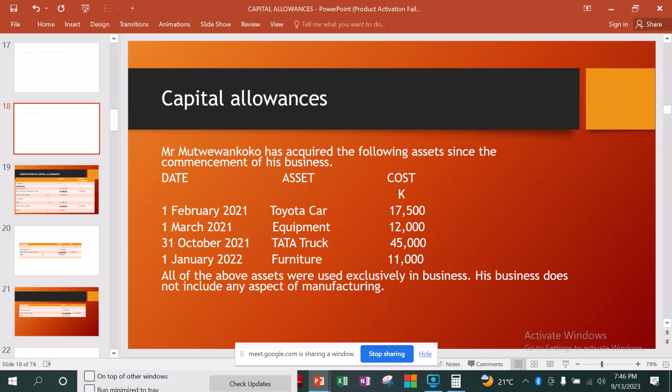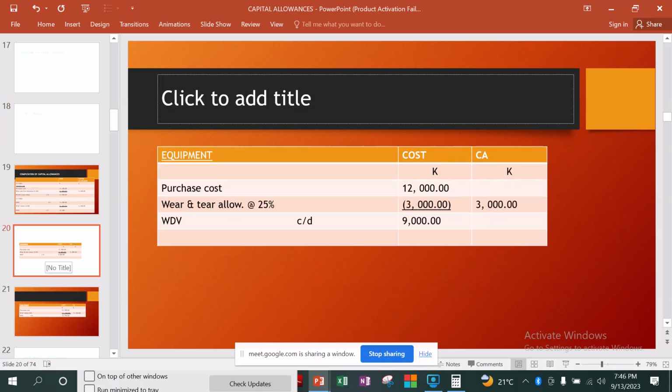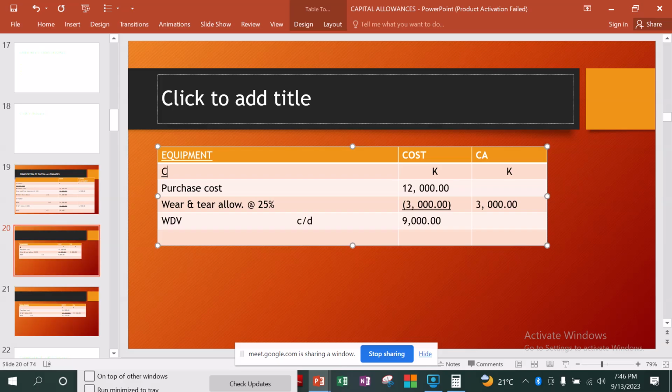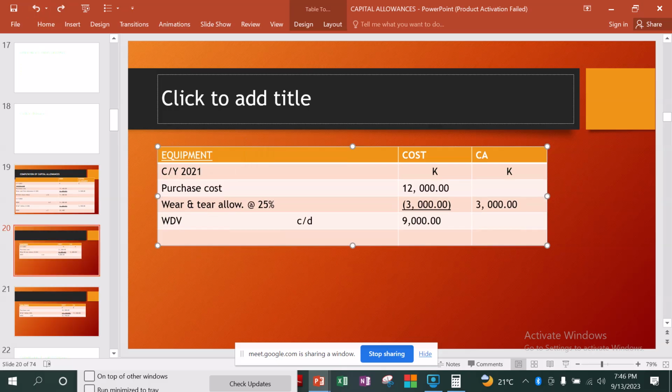You need to look at what we do with equipment. This one was charge year 2021.